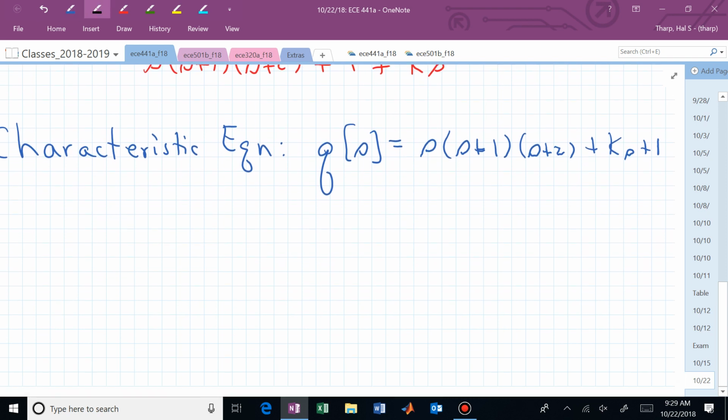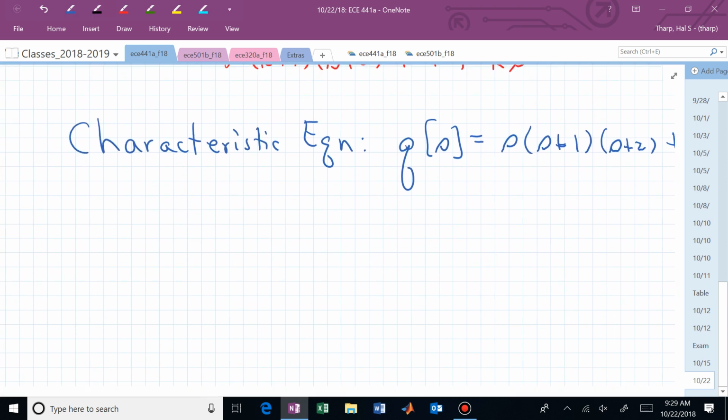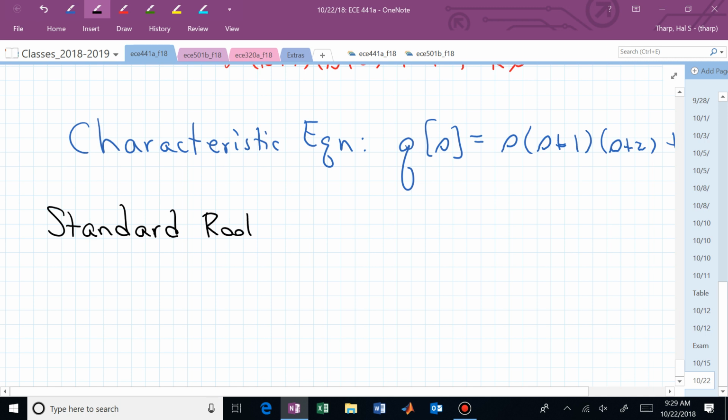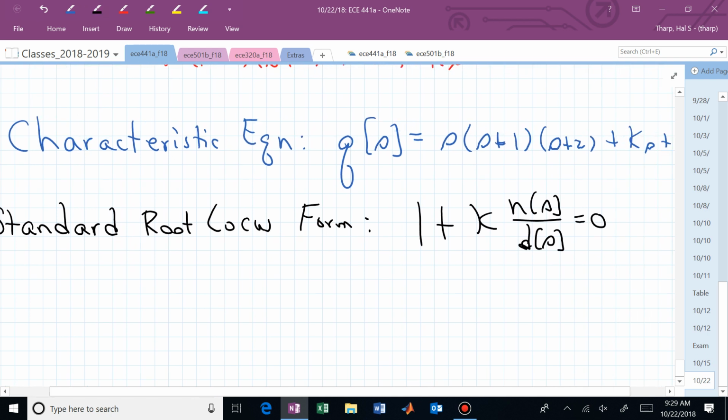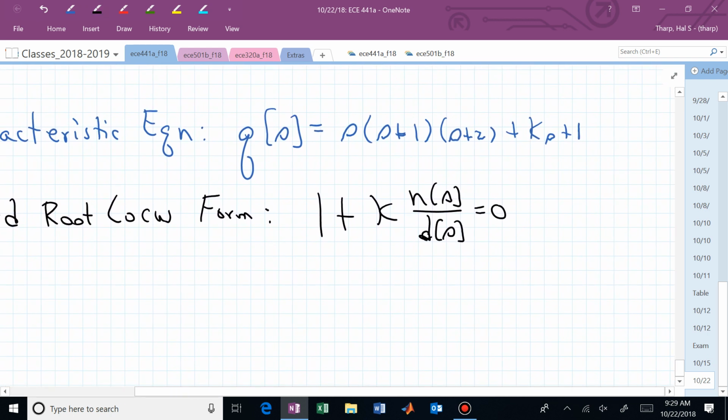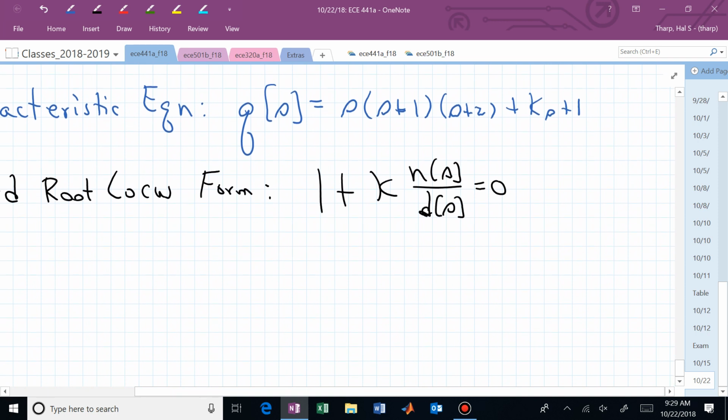And we want to now put that in the standard root locus form, which is 1 plus k n of s over d of s equaling 0. And that's pretty easy to do, isn't it?